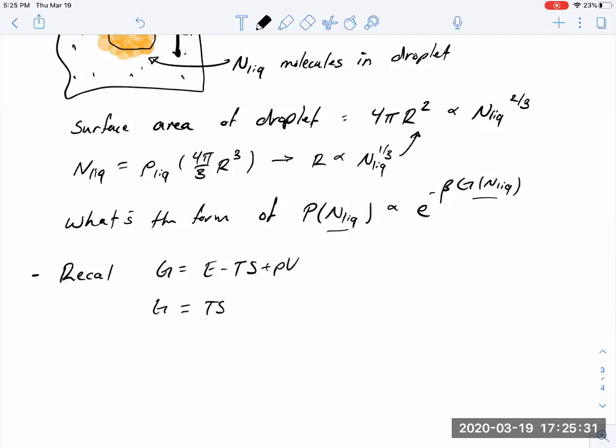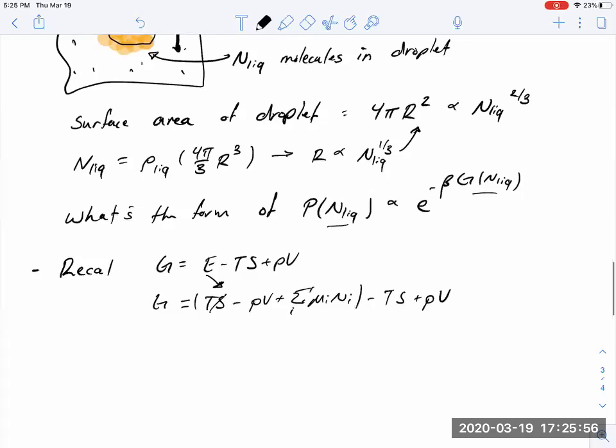From the extensivity of energy, energy E is equal to Ts minus PV plus, if I have multiple components, the sum of mu n. So this is just the energy. If I simplify that, the Ts's cancel, the PV's cancel. G is equal to a sum of the chemical potential of each component times the number of that component.